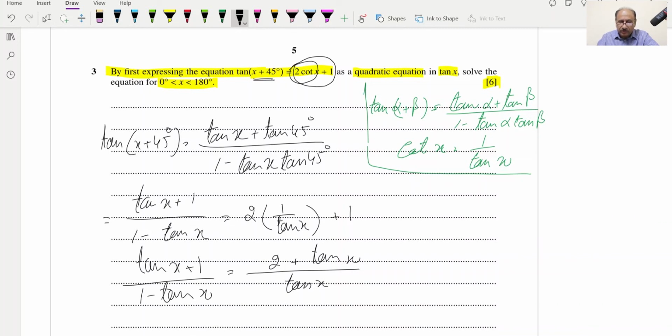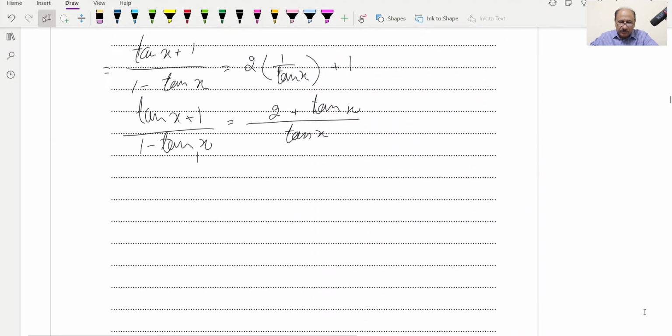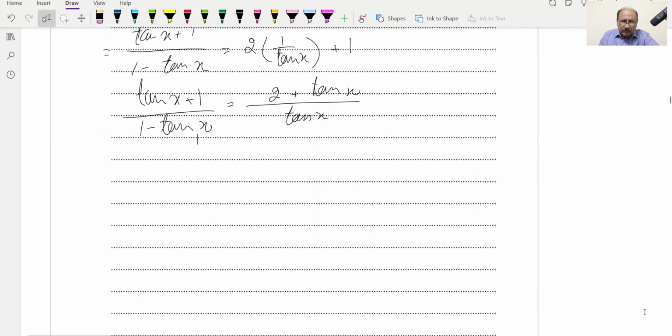We reached over here, and then we can cross multiply. So cross multiplying, tan square x plus tan x is equal to (2 plus tan x) multiplied by 1, and then (2 plus tan x) multiplied by minus tan x.